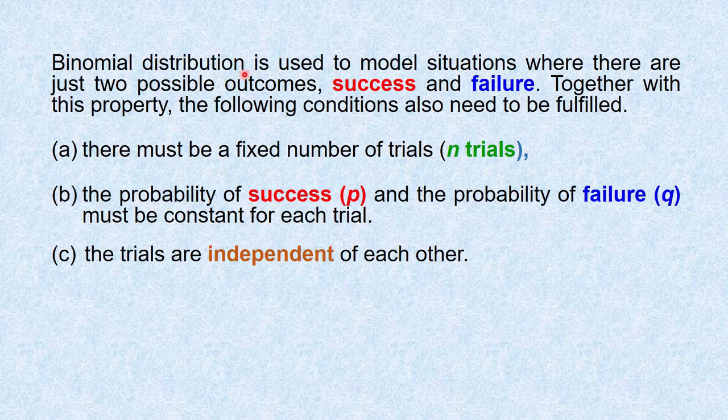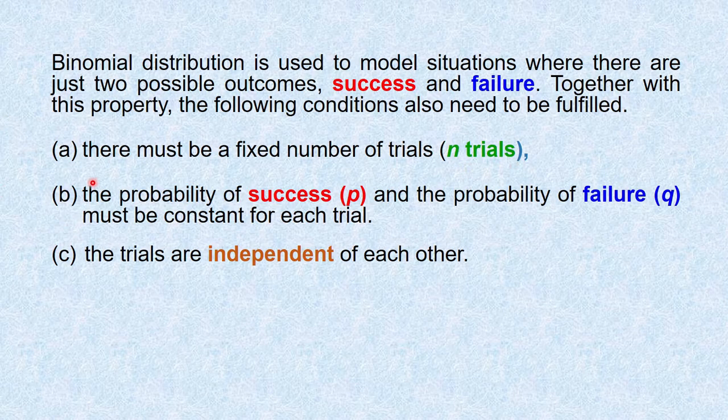Binomial distribution is used to model situations where there are two possible outcomes, either success or failure. Together with these properties, the following conditions need to be fulfilled. A. A binomial distribution must have a fixed number of trials, that is n trials.